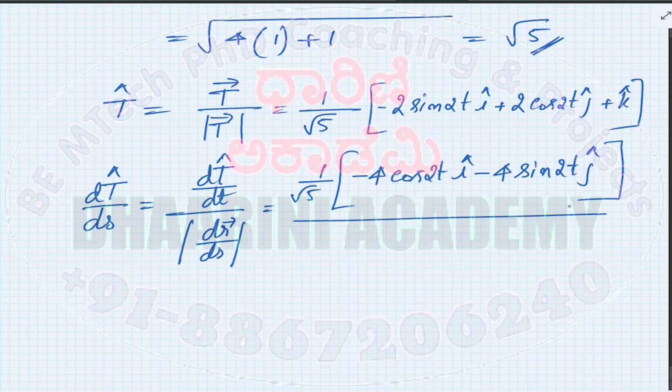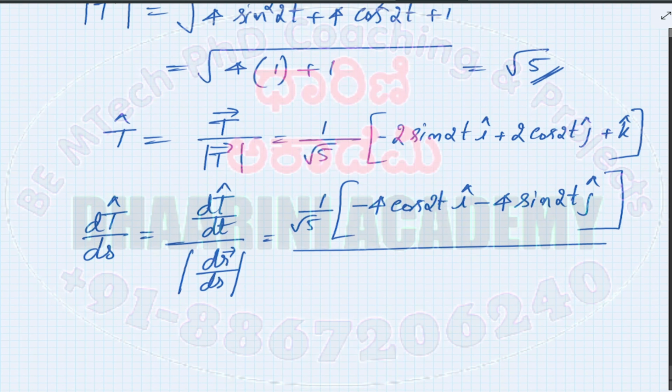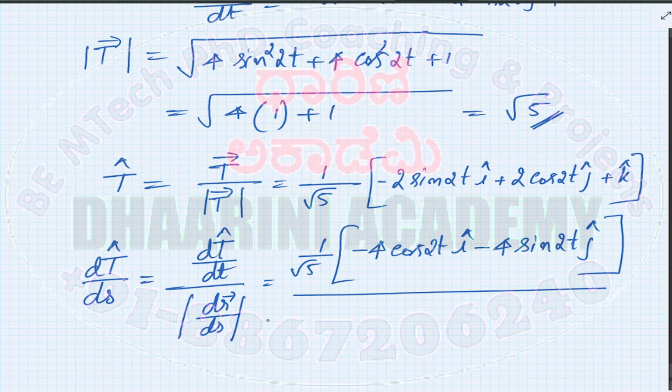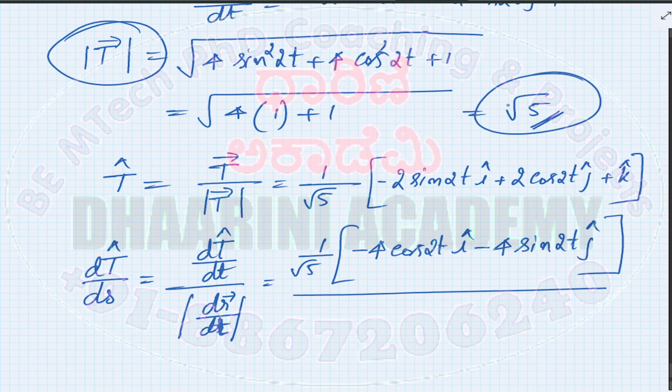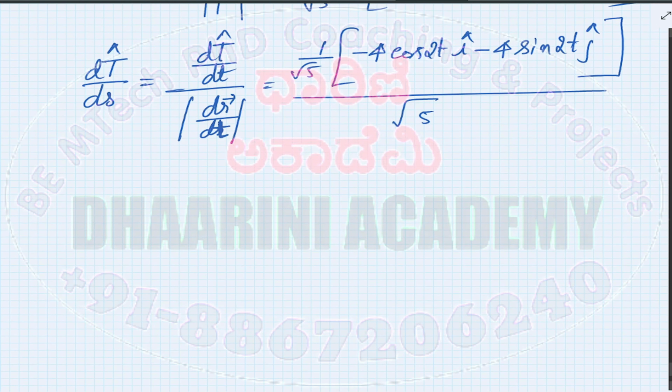So you can see that I have to divide this by the dr by ds, which is nothing but the magnitude of t here. So what is dr by, my mistake, this is dr by dt, okay, not s, please make a correction. This is dr by dt. Dr by dt magnitude is root 5. Okay, I have to divide this by root 5. So this is root 5 and 1 by root 5 and 1 by root 5, it becomes just 5 now.